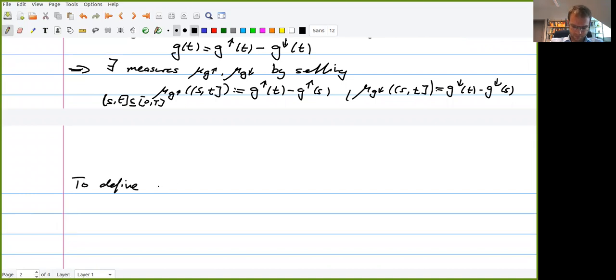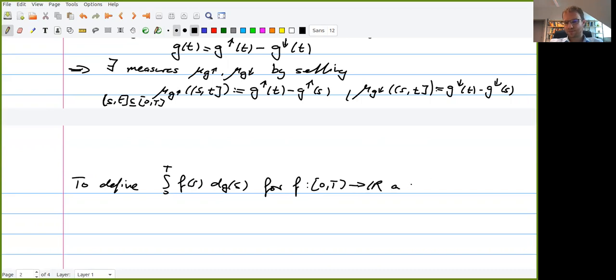let's say I want to integrate a function f, a continuous function, with respect to this function g.